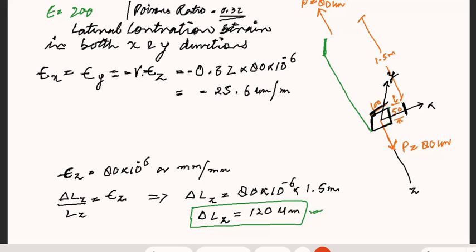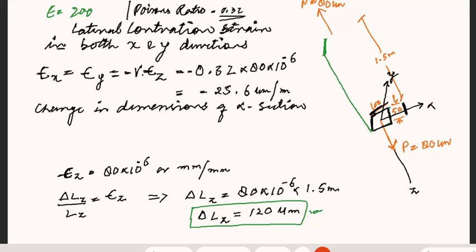Now in x and y direction, it will be Poisson's ratio times the strain in z direction, because we are incorporating the Poisson's ratio, that is contraction and elongation. Thus, finally we have to calculate the change in dimensions of the cross section.